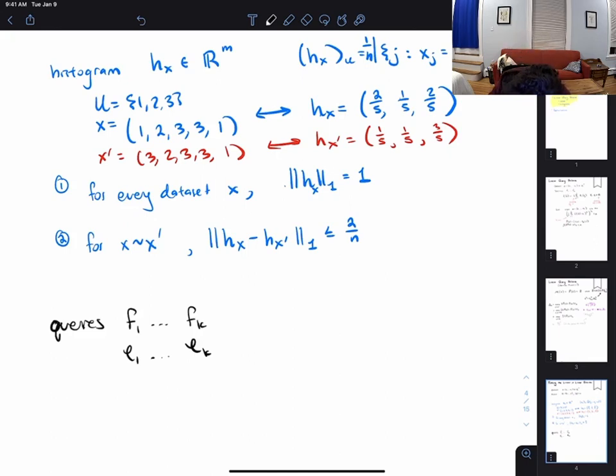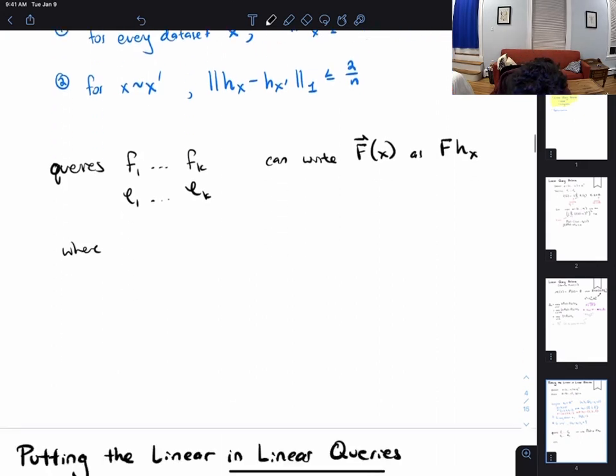So we can write f of x as a matrix vector product, F times the histogram of x, where F is defined as follows.